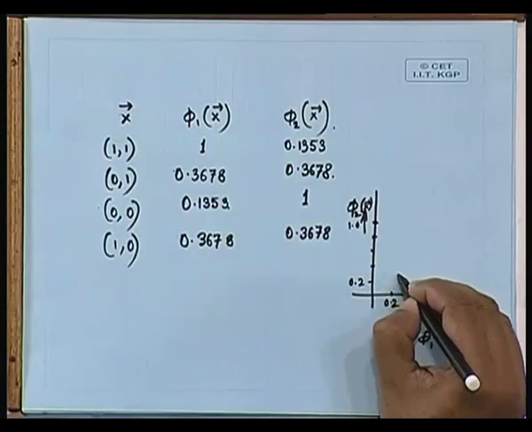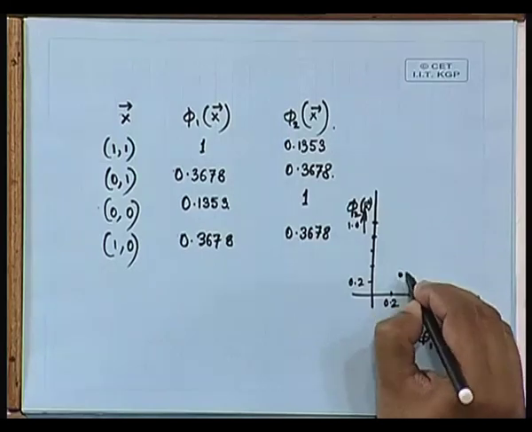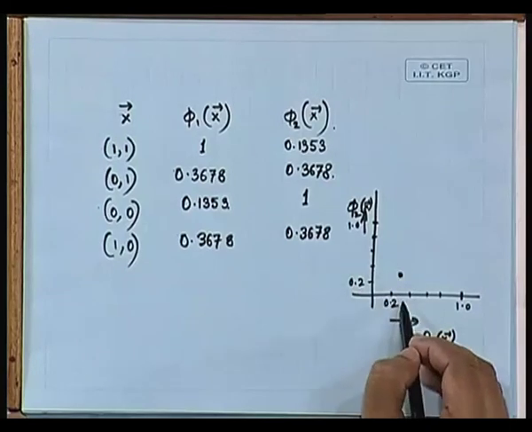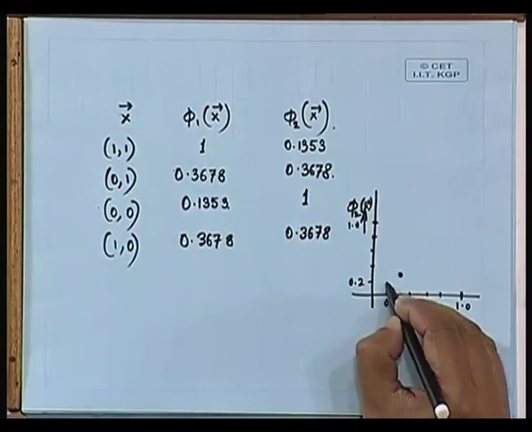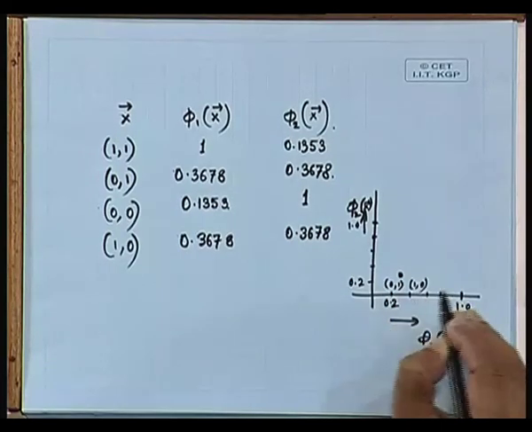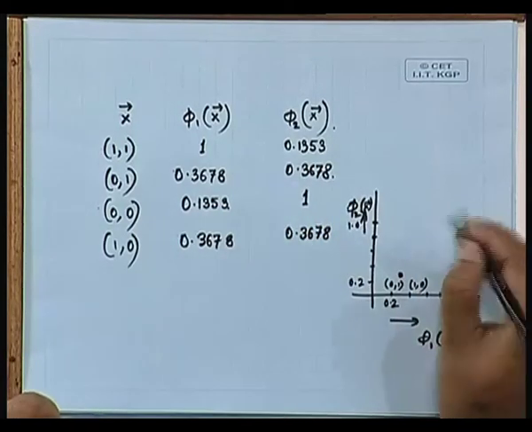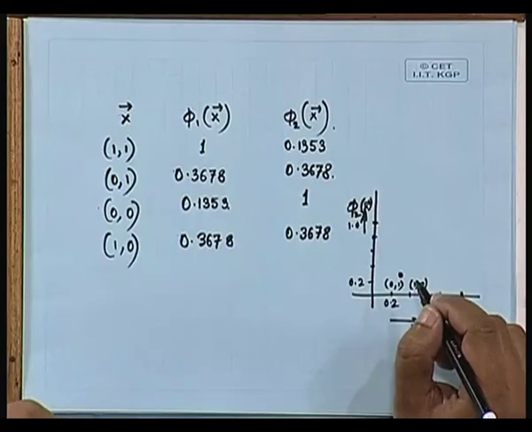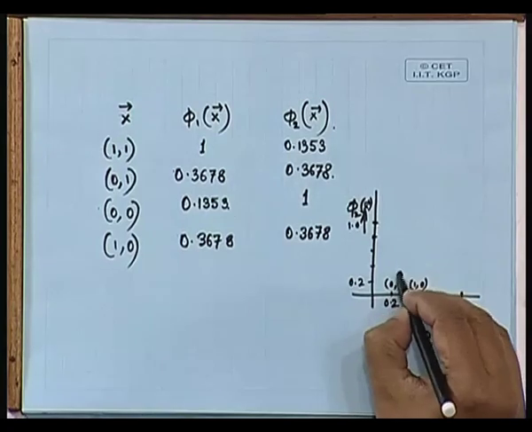That means we will be having a point somewhere here where the phi 1 value and phi 2 value both are 0.36, and they will correspond to the pattern 0, 1 as well as 1, 0. Both the patterns will be mapped into the same position, all right. Now these should be open circles or closed circles according to our definitions. They should be closed circles.